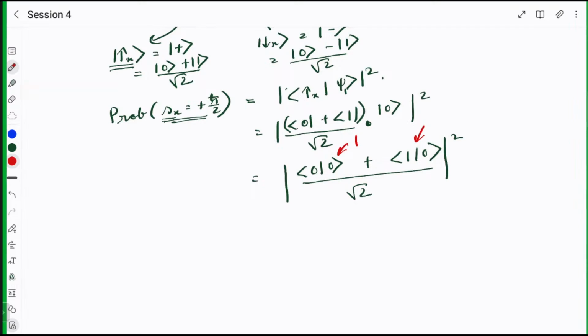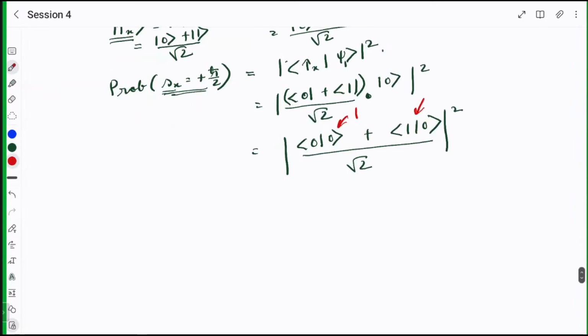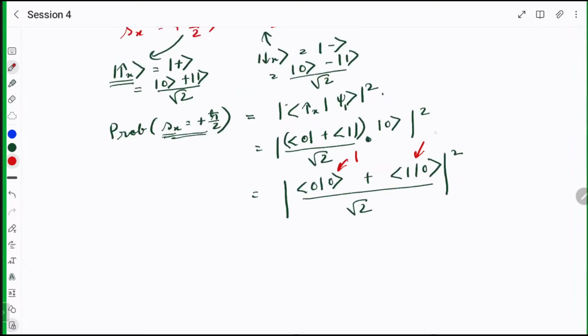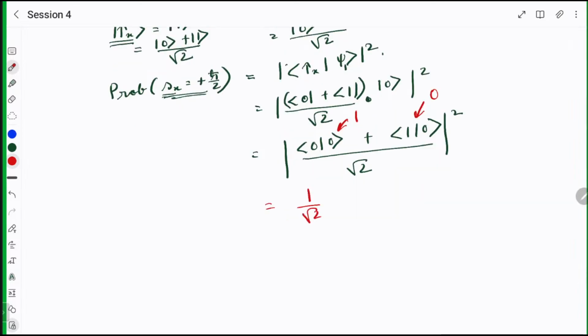Hopefully it will be okay from now. All right. So if you take the ket 1 with ket 0, since these are orthogonal, this inner product will give you 0. And that means this is 1 by root 2 whole squared, which is half.